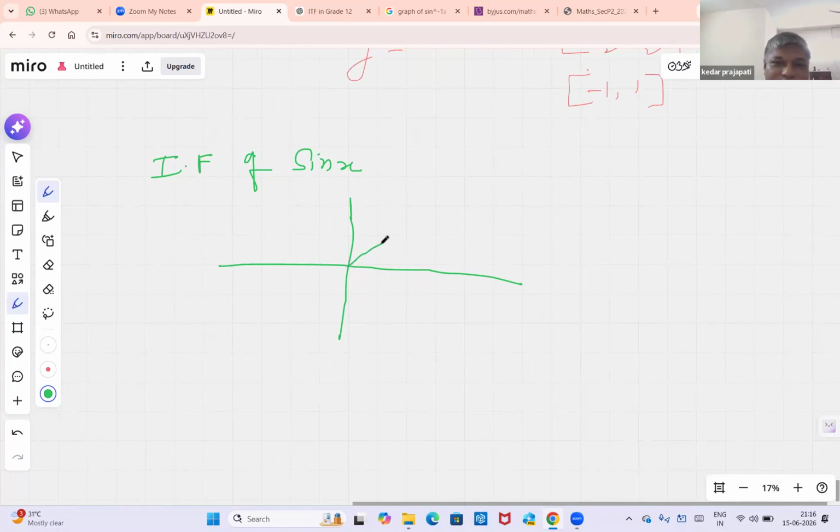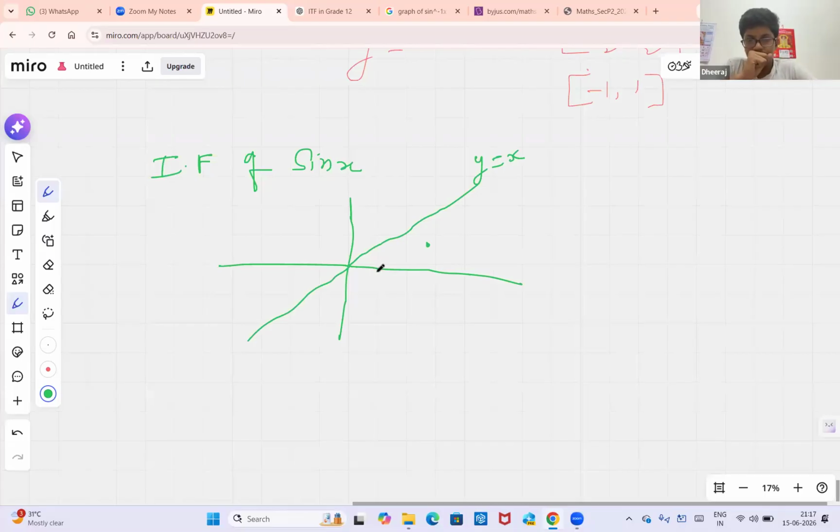So this is the line y equal to x. Y equal to x is a line. Now there is a point here. Suppose this point is here.